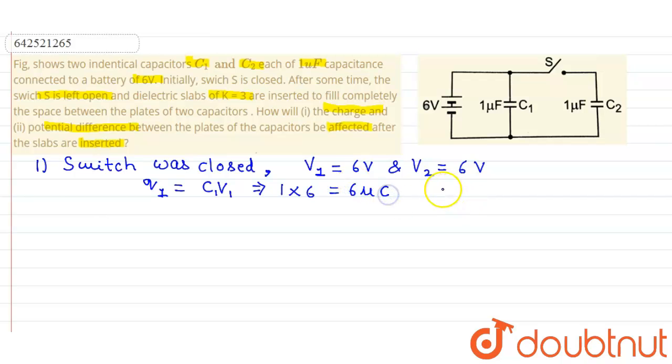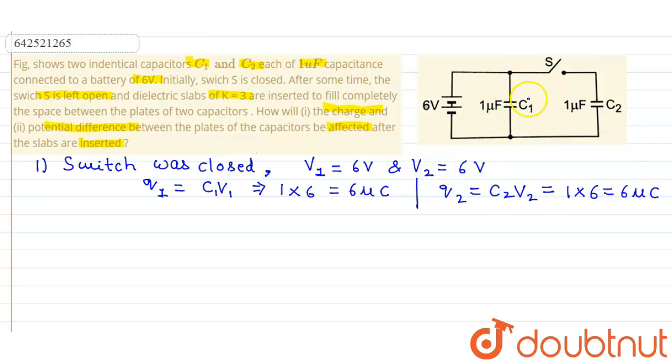On the second capacitor the charge Q2 is C2 into V2, again 1 microfarad into 6 volt, which equals 6 microcoulomb. So this was the initial condition, and the potential difference was 6 volt.